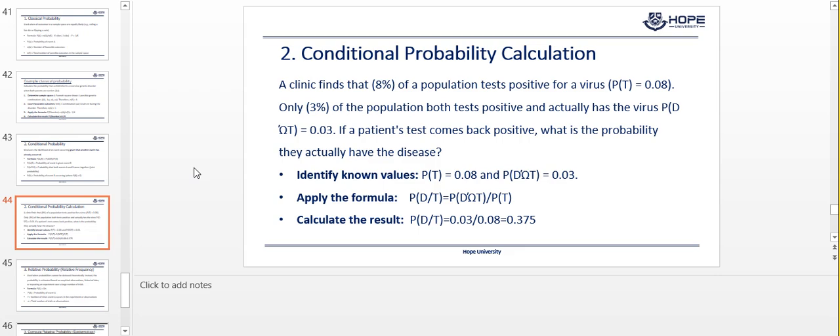Applying the formula, P(D|T) equals the joint probability of D and T divided by P(T), so 0.03 divided by 0.08, which is 0.375. That means 37.5% actually have the disease.